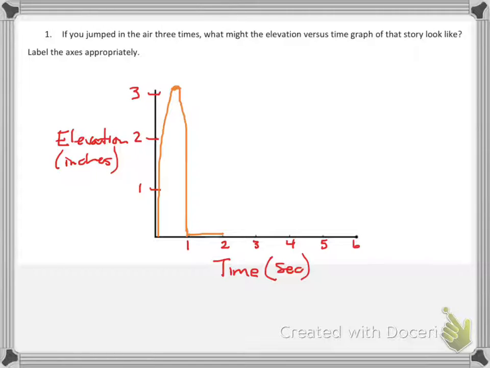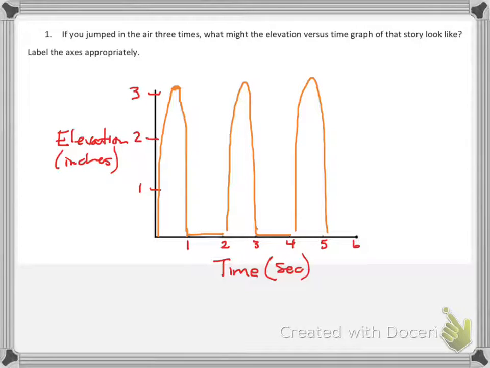And then I'm going to make my second jump, which also will be about 3 inches in a second. And then when I get to the ground, I'm going to stay there for a second. And then I'm going to make my third jump. And that's going to look something like the other two, hopefully. And then I'm going to stay on the ground.